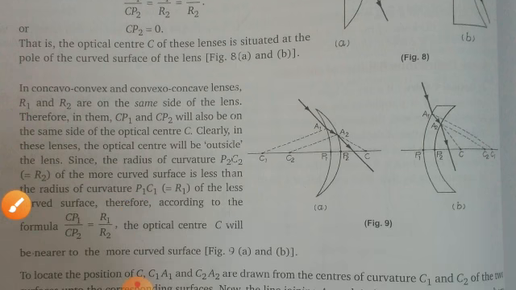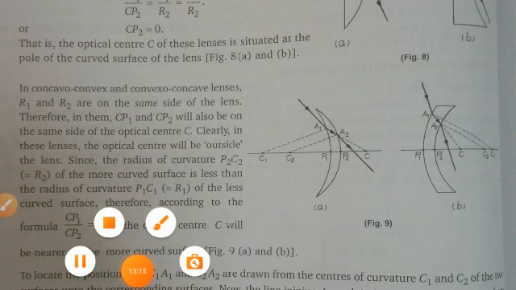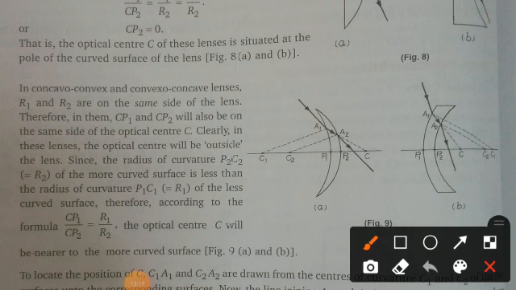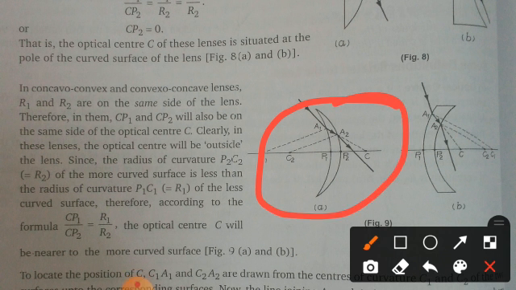In concavo-convex and convexo-concave lenses, R1 and R2 are on the same side. Here you can see this is the concavo-convex and this is the convexo-concave. R1 and R2 are on the same side of the lens, therefore in them Cp1 and Cp2 will also be on the same side of the optical center. Clearly, in these lenses the optical center will be outside the lens.